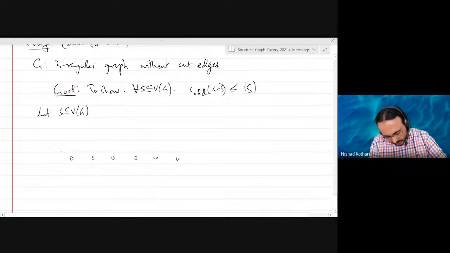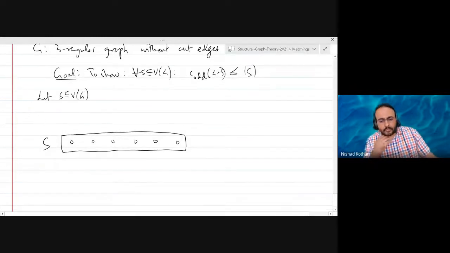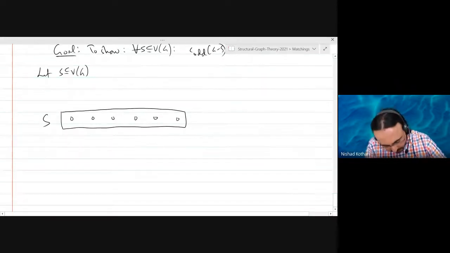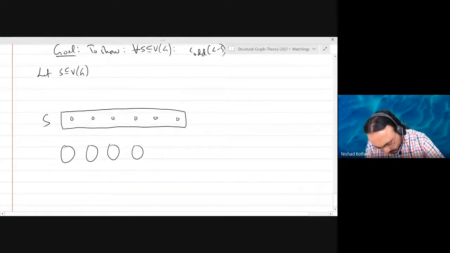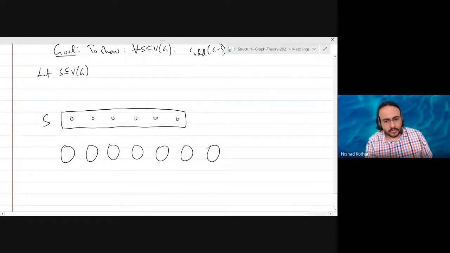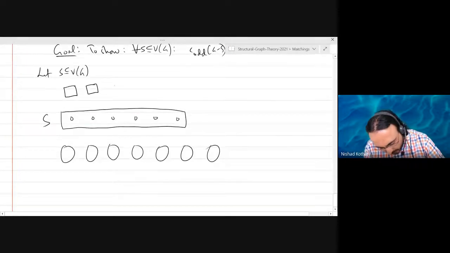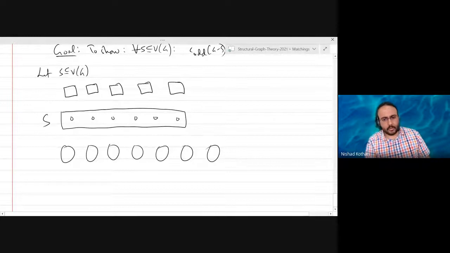Okay. Let's say I look at a case where we have 6 vertices. The number does not matter really. So when you delete the vertices, you might get some odd components. Let me draw more odd components just for the sake of example. And you might get some even components, right? So I'm following a certain convention here. I put the even components as squares and odd components as circles.